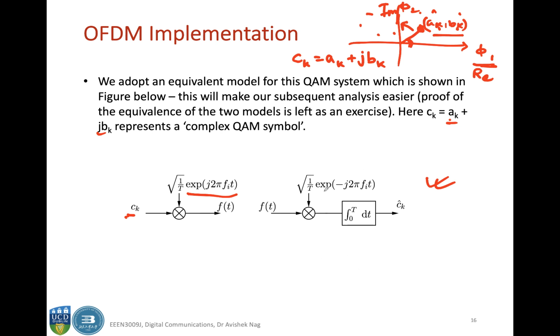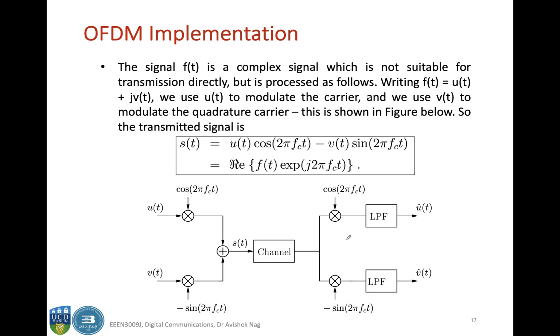This is not part of this module, so I'm not discussing it in detail, but the point is that this is equivalent to the representation in the previous slide. So you have FT, which is the complex representation of the symbol multiplied with this phasor. This is the transmitter and this is the receiver. Now with that, let's move further.